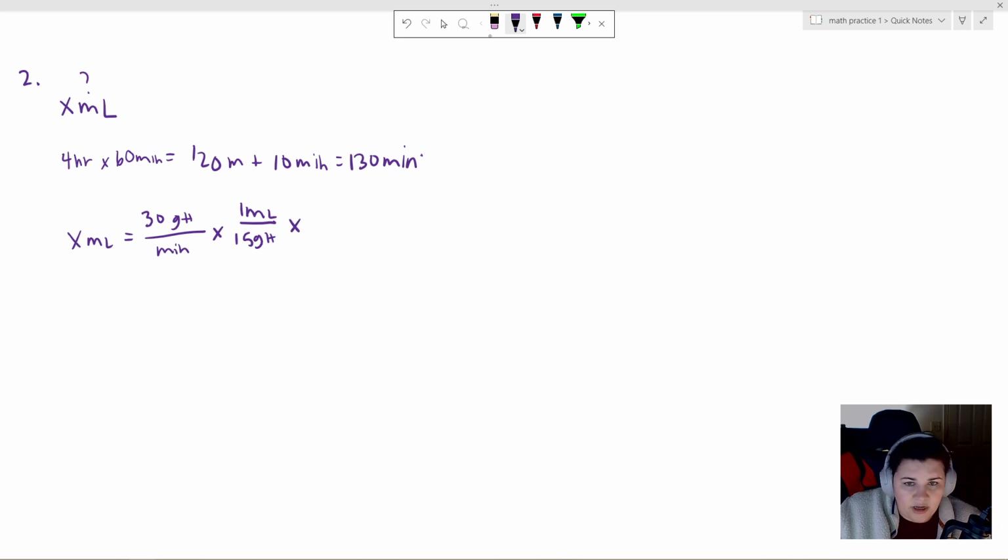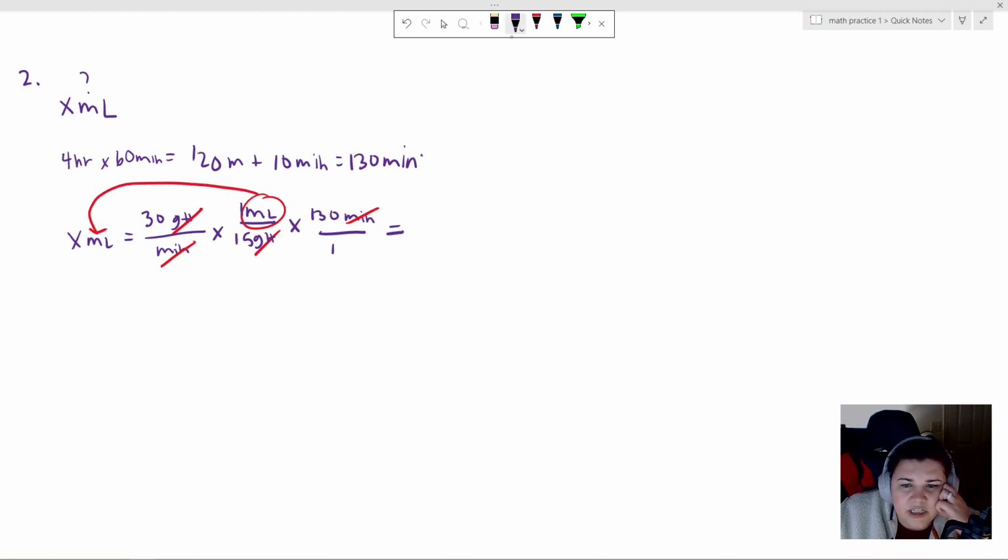And then we have 130 minutes is how long it's being run over. So let's cancel out our units, make sure everything matches up. Drops cancel out, minutes cancel out, and we're left with milliliters, which is what we want.